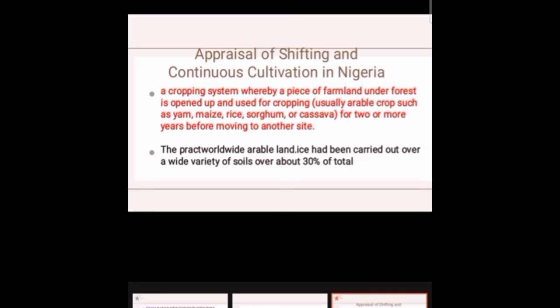The fresh land under forest or bush is cleared by the slash and burn method, which involves the cutting down and burning of the existing vegetation. The system comprises a cropping period when food crops are produced for a few years until there is nutrient depletion, reduction in yields, and infestation of weeds.